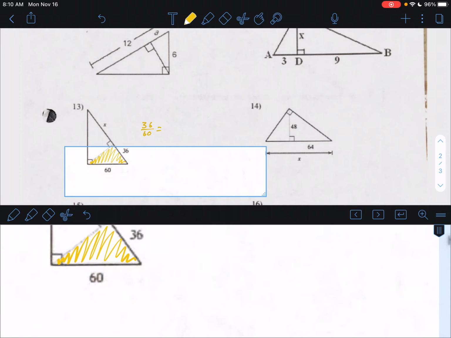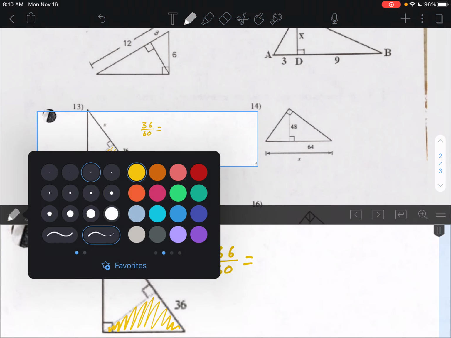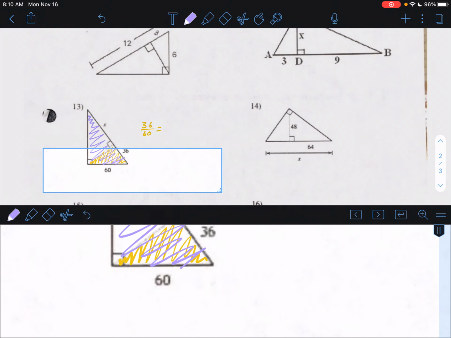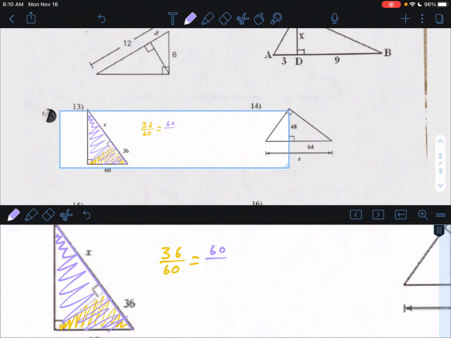And on the big triangle, like the entire triangle, not the medium one, the big one, my short leg is going to be 60, and my hypotenuse is going to be this entire side.